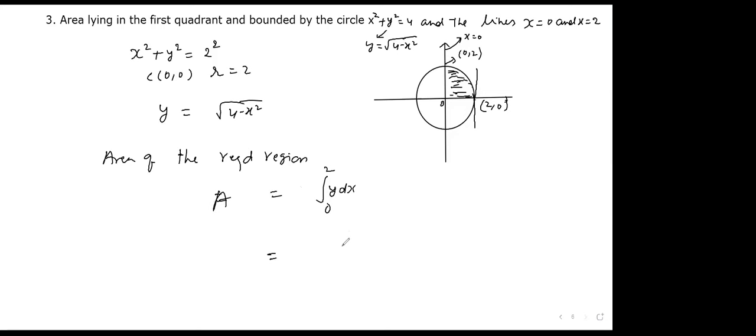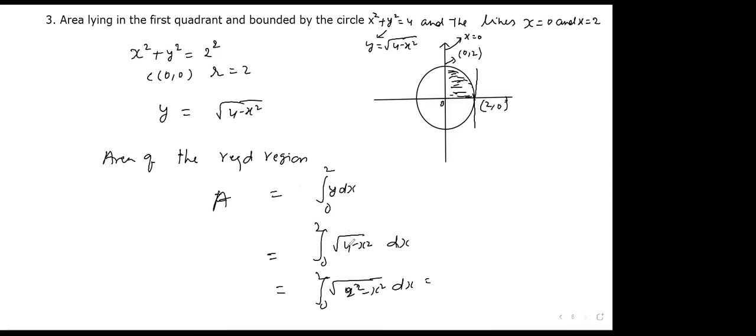So y is root over 4 minus x square, 0 to 2 dx. So this is root over 2 square minus x square, 0 to 2 dx.